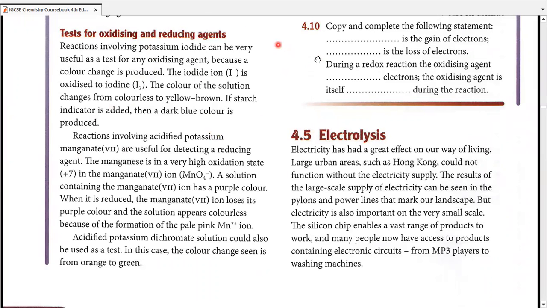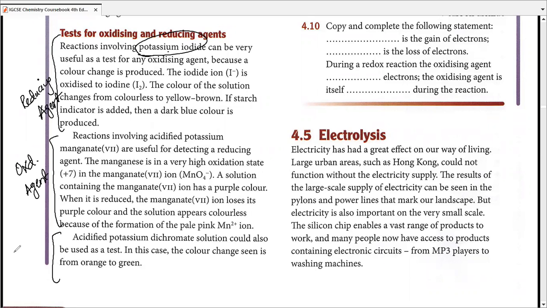Now, this is a test for a reducing agent, right? And the reducing agent in here is potassium iodide. This is just for one oxidizing agent, and this is the test for another oxidizing agent.